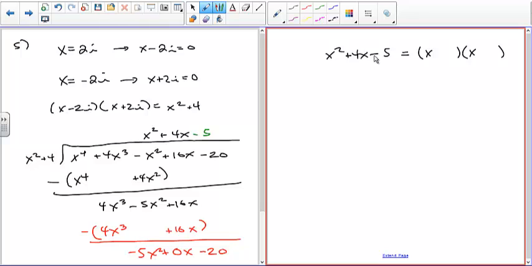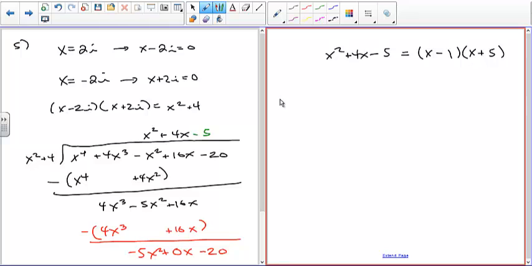Because this is negative, one has to be positive and one has to be negative. Because I have a plus 4x here, I'm going to put the plus with the 5 and the negative with the 1. So you see that works. Those are my factors.